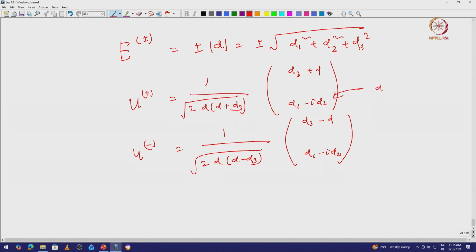Recall that this can be written as d to the power minus i phi, d parallel. Okay. Whereas these are kind of trivial, or one can also write it in terms of d1 equal to d cos theta sin phi, d2 equal to d sin theta sin phi, and d3 equal to d cos phi, with two polar coordinates, and this will give you the winding.